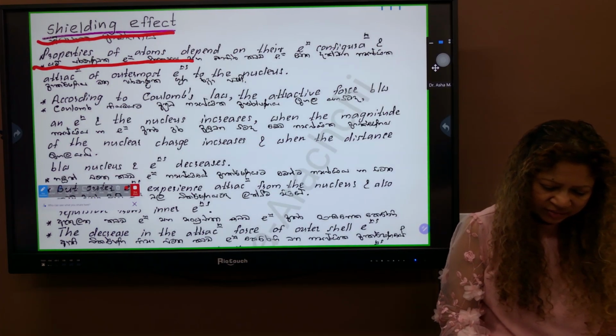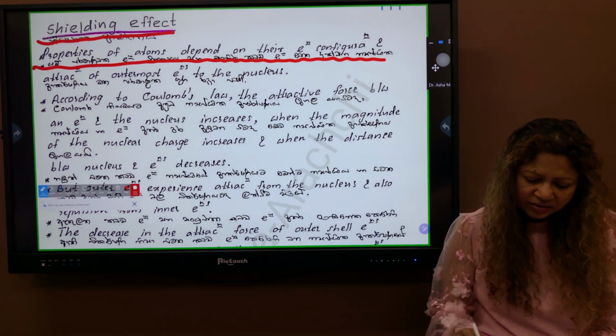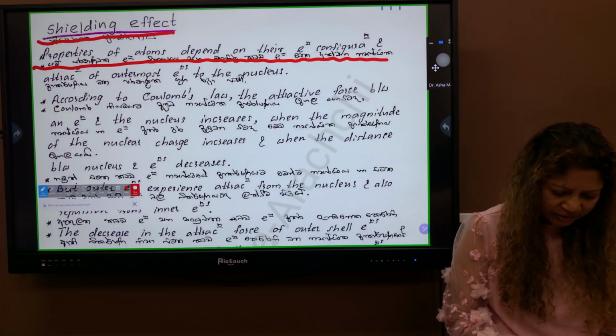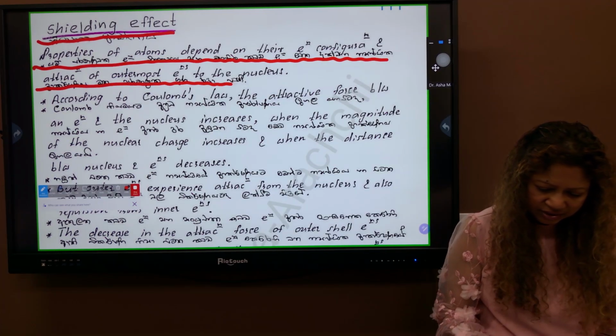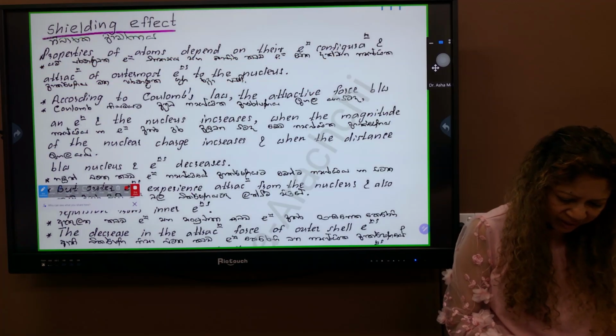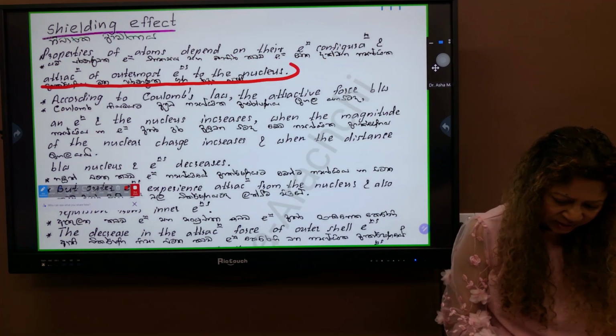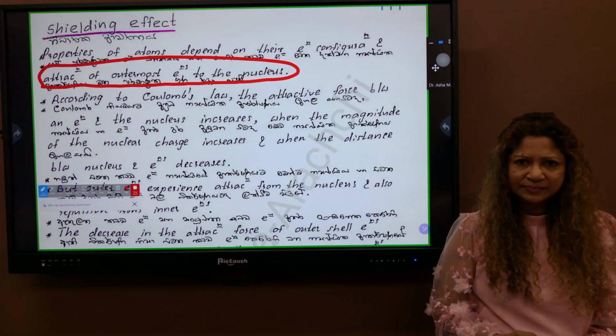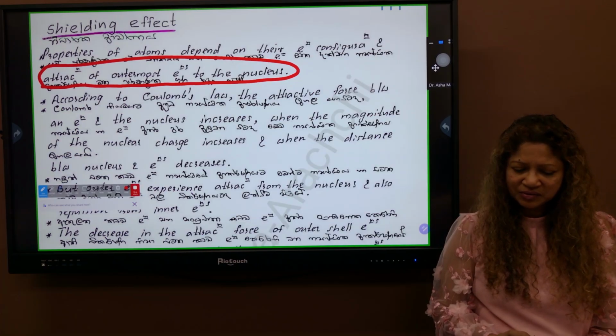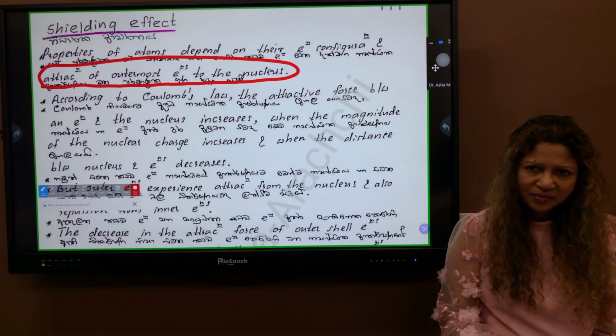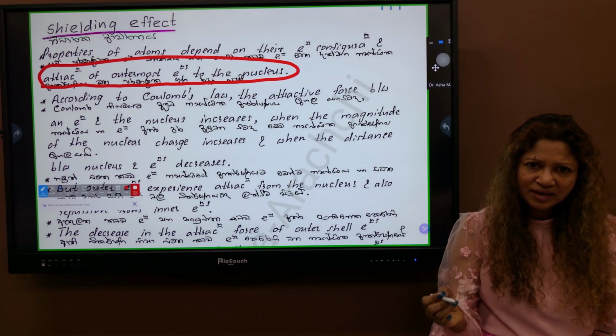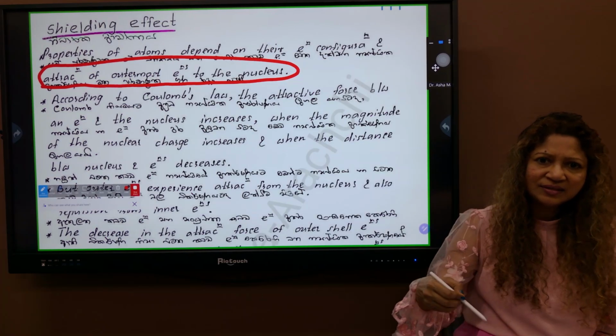Properties of atoms depend on their electron configuration and attraction of outermost electrons to the nucleus. Who talked about that? Attraction of outermost electrons to the nucleus is part of Coulomb's law. Then attraction increases how? When charge is high, when distance is less.